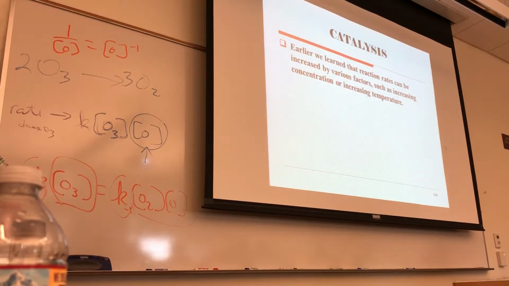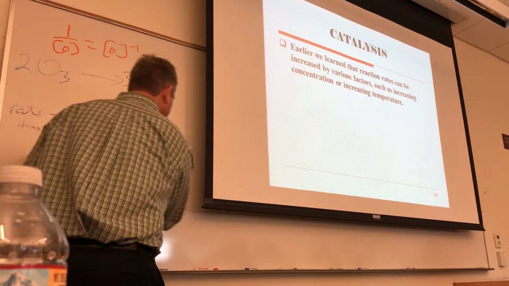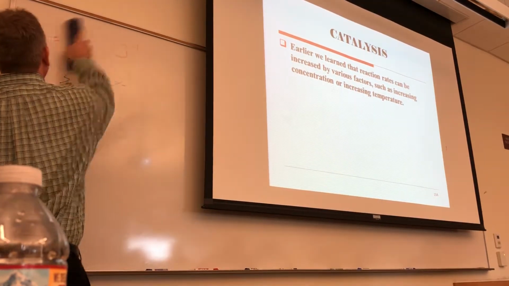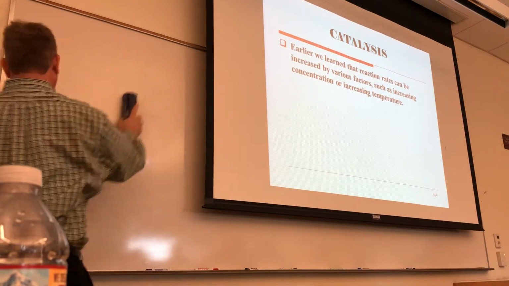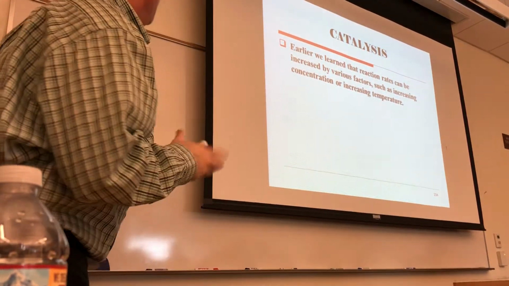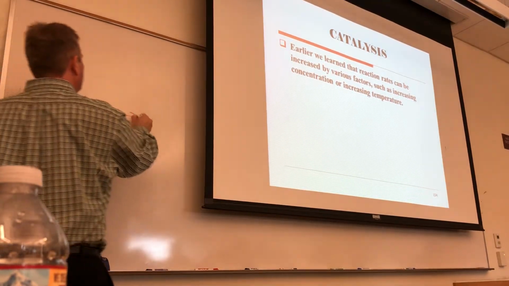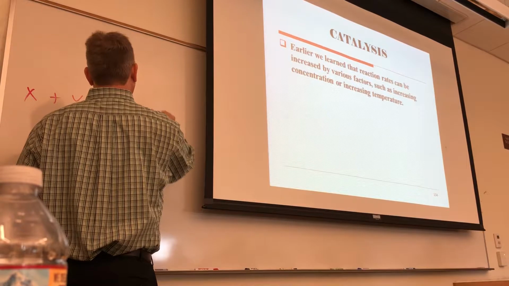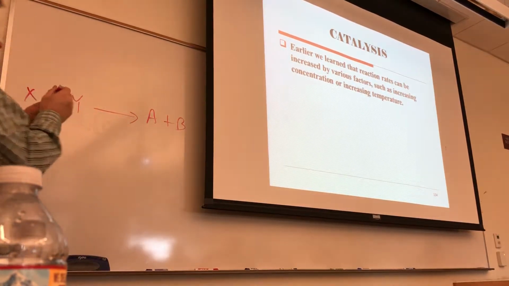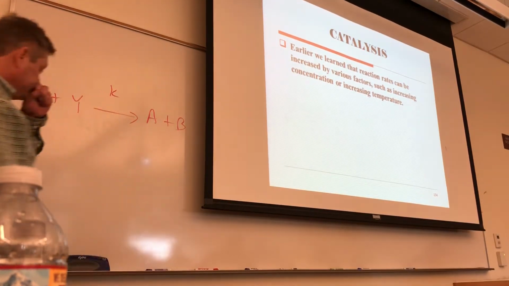Okay, so catalysis. This is pretty straightforward, at least the term. But I'm going to break it down a little bit more, make it a little bit more complex, into what's actually happening when we use the term catalysts. So we have something, let's say X plus Y goes this way, and then we have A plus B. And we just talked about rate, so let's say there's a rate assumption with k here.